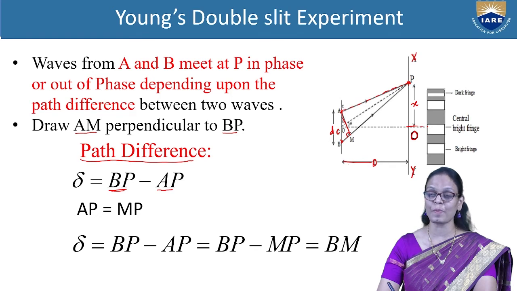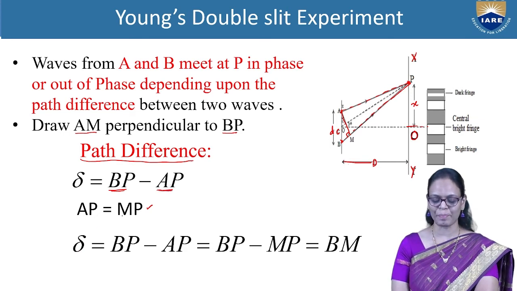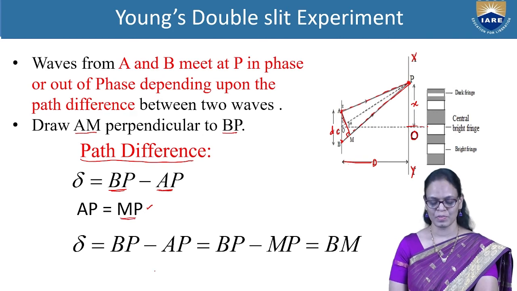Once we have dropped the perpendicular in such a way, AP is equal to MP. Now delta is equal to BP minus AP, and in place of AP I will substitute MP. So delta is BP minus MP.